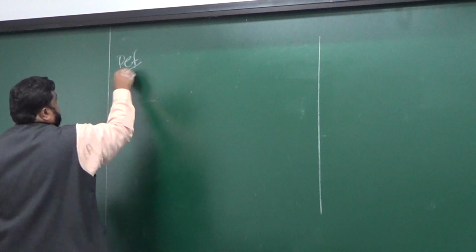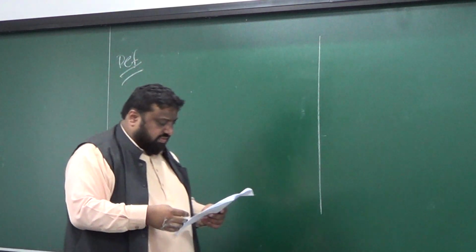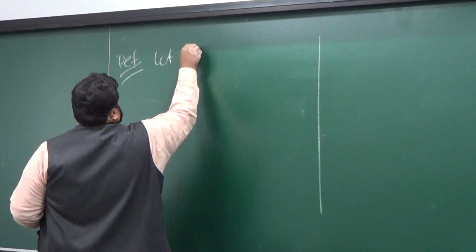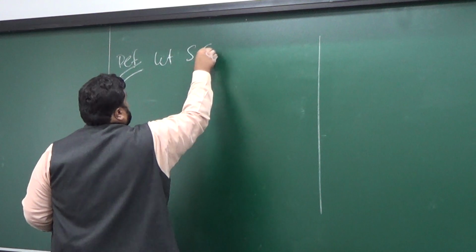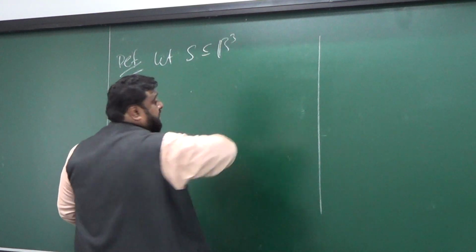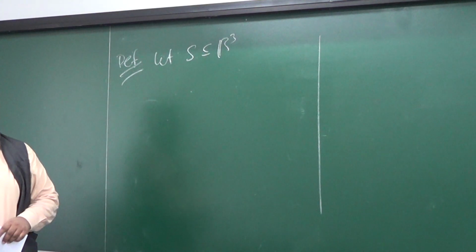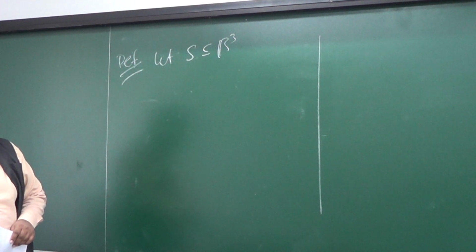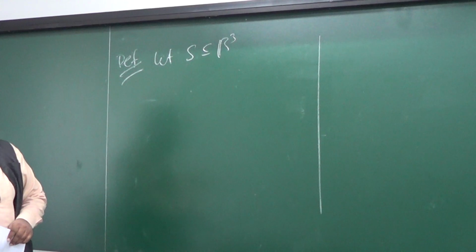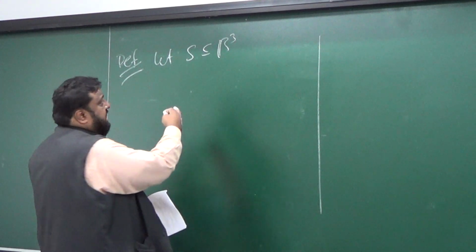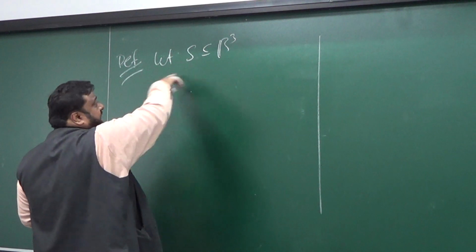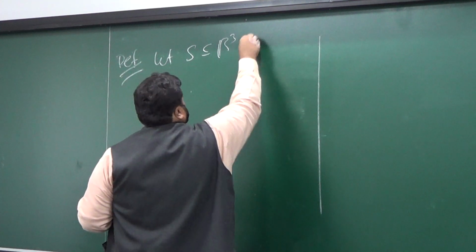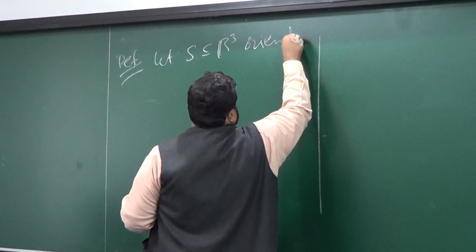So here's a definition of a normal vector to a surface. Let S be a subset in R3, an image of a set in R2 under P. So let S be a surface in R3, and imagine it's an oriented parametric surface.